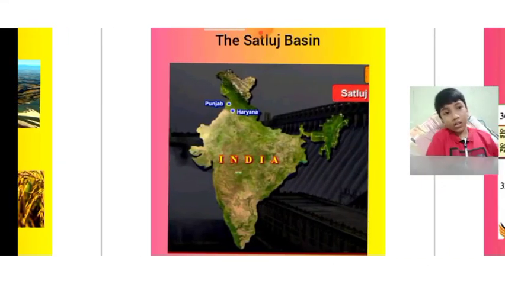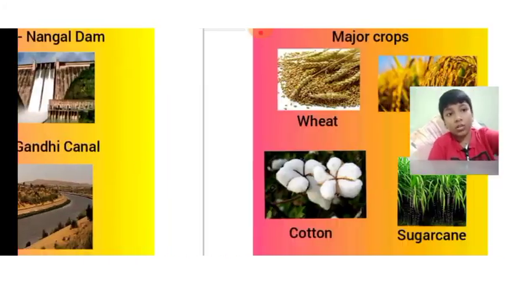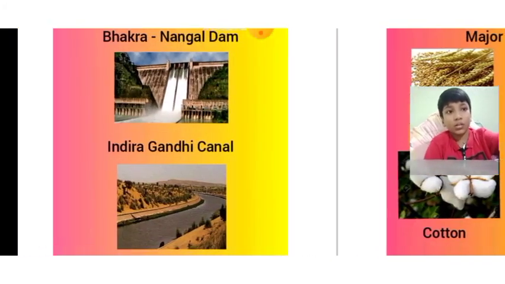And we saw Sutlej basin, it is located in Punjab and Haryana. And we saw which mountain the rivers originated from. Before that, we learned about Sutlej basin. The farmers depend on canals and dams to solve the problems of householders and farmers.